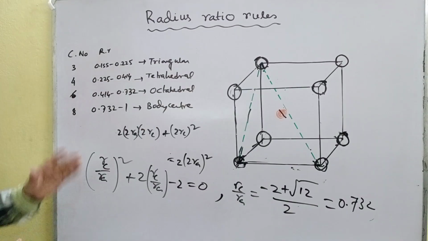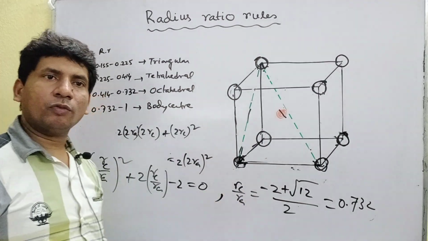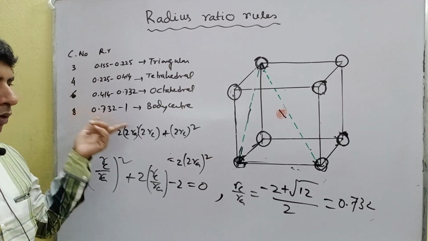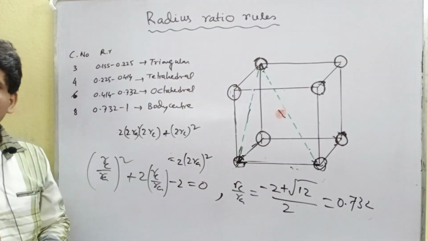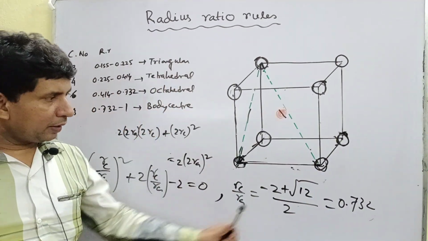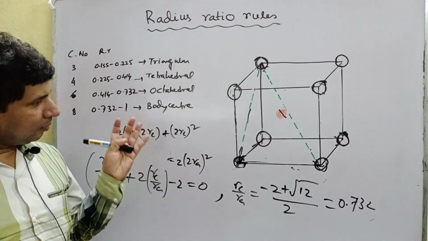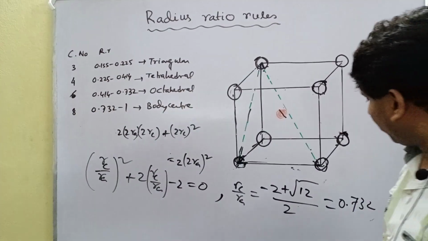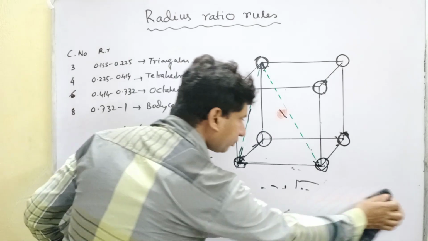So this is the radius ratio for the body centered cube. The limiting lower value of the radius ratio is 0.732, and the maximum value will be 1. If the radius ratio is between 0.732 to 1, then it will be body centered cube.